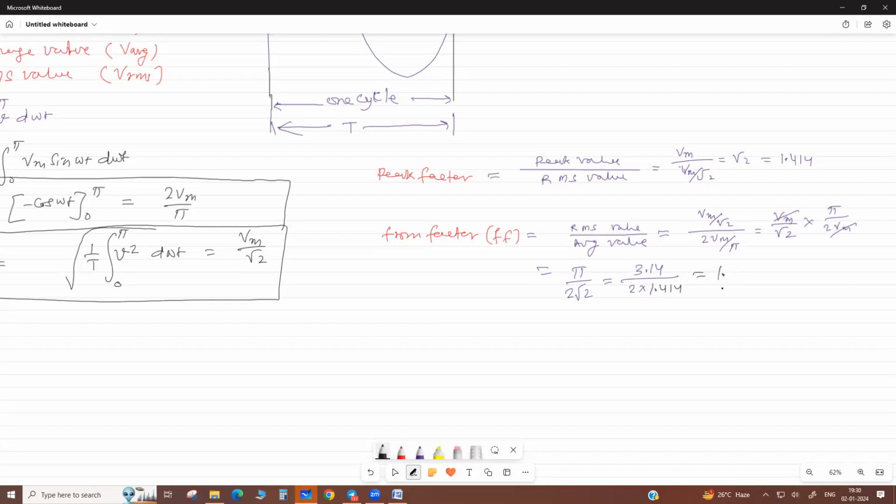Okay. So for sinusoidal voltage or current, form factor is 1.11.